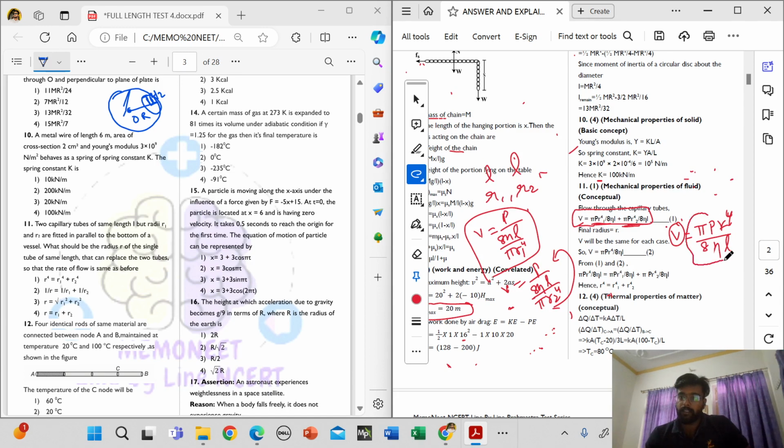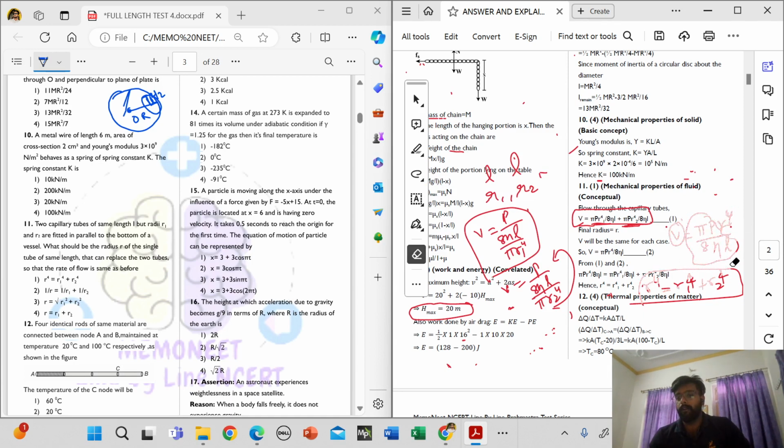All these other things are constant, so we equate these equations and we get R raised to power 4 is equal to R1 raised to power 4 plus R2 raised to power 4. That is option number 1 here. So we have to remember this formula.